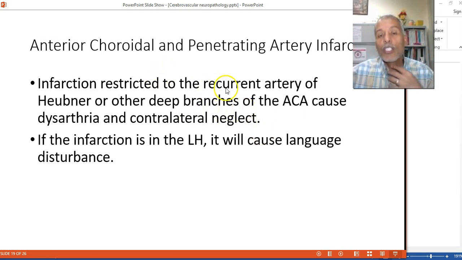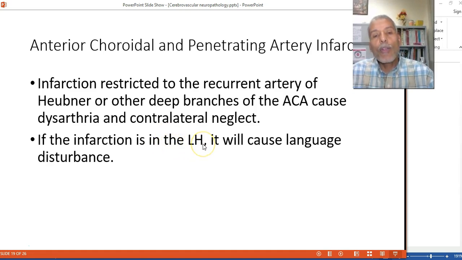So if the infarction occurs in these deep penetrating arteries or the recurrent artery of Hübner, that will cause dysarthria and contralateral neglect. Neglect on the other side means that the person will have weakness and, in some cases, wouldn't be able to see parts of the periphery, the peripheral vision.